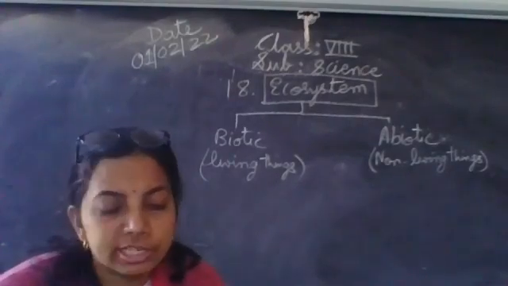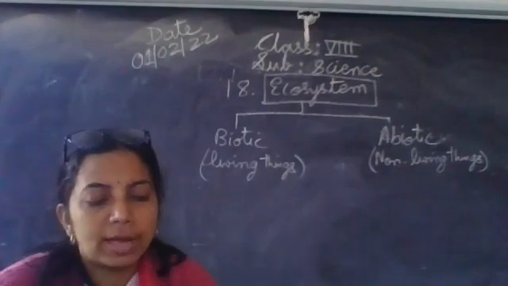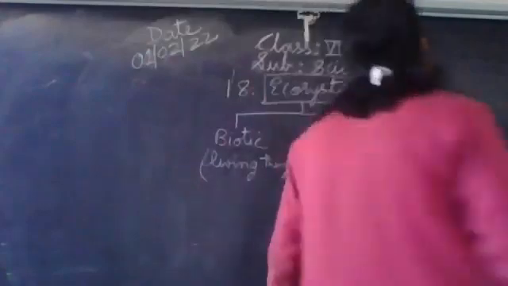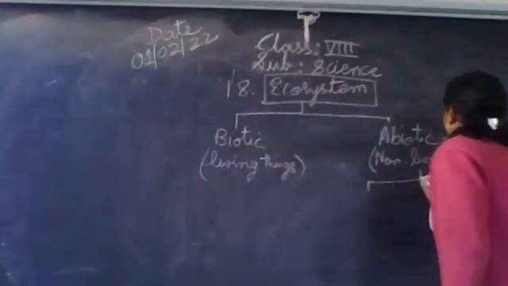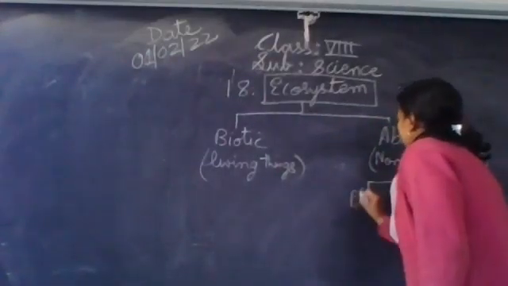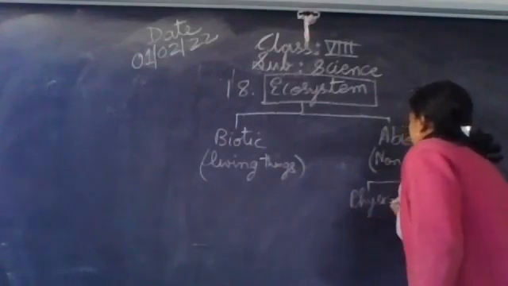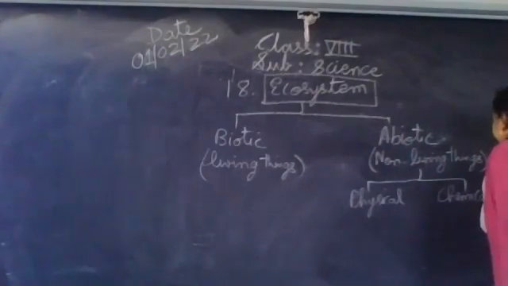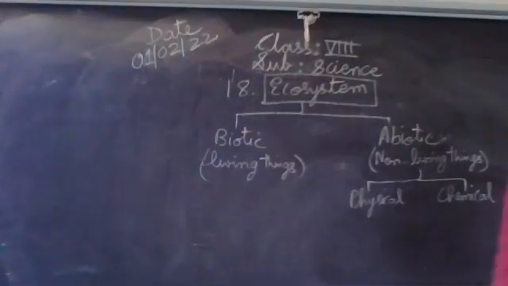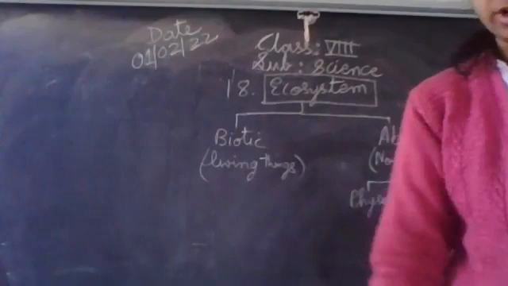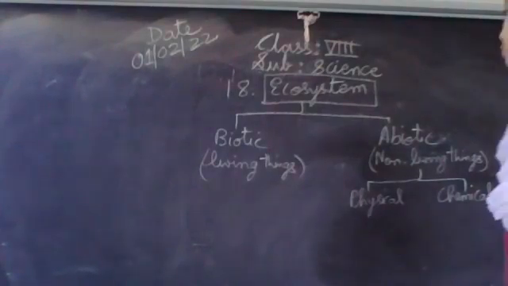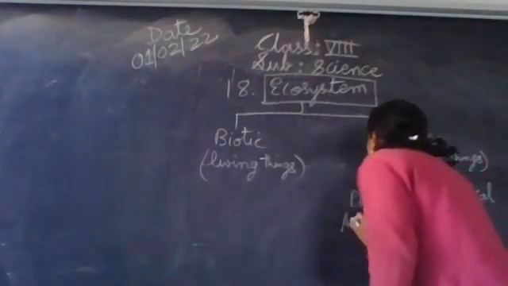So first of all, let us go for abiotic factors. Abiotic factors can be physical or chemical. Physical factors and chemical factors. Physical factors are going to include your air, water vapor, minerals, soil, sunlight.